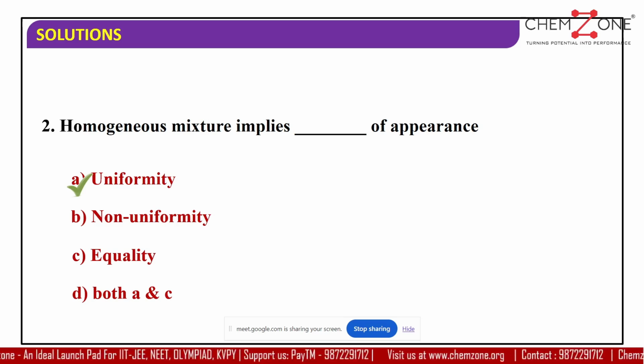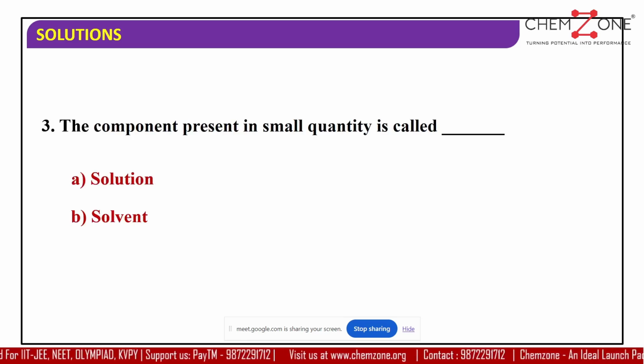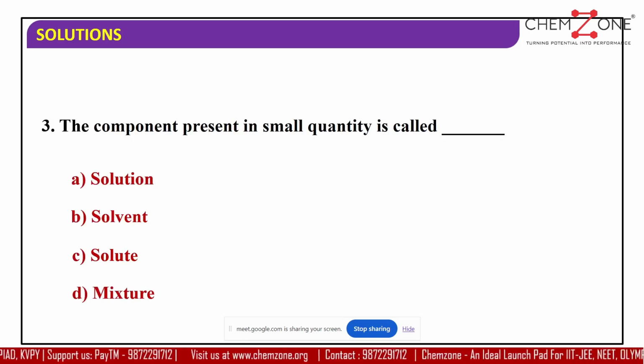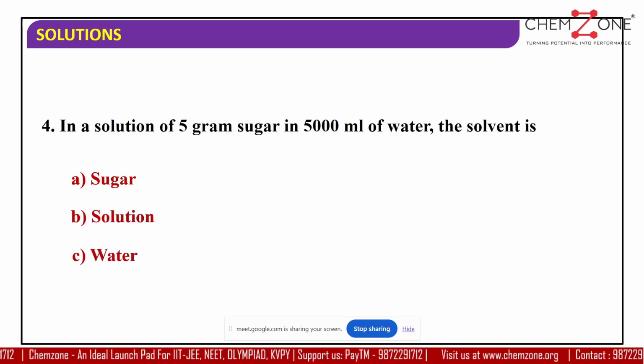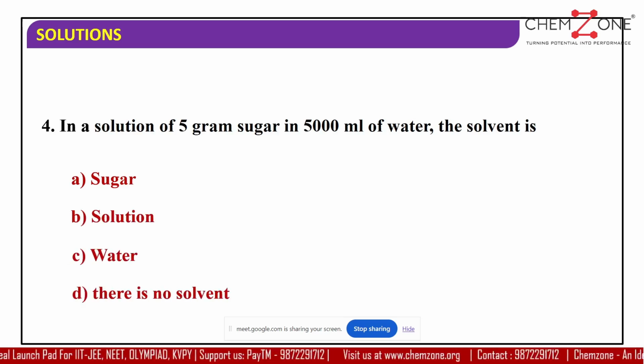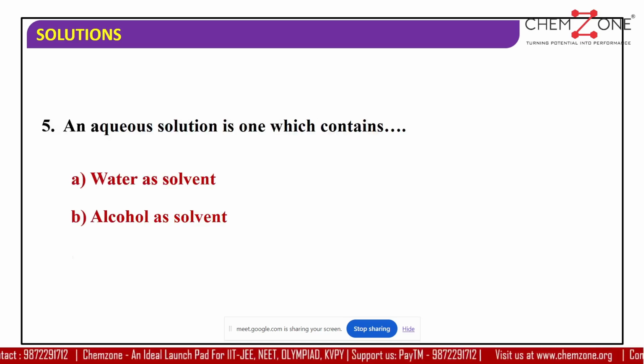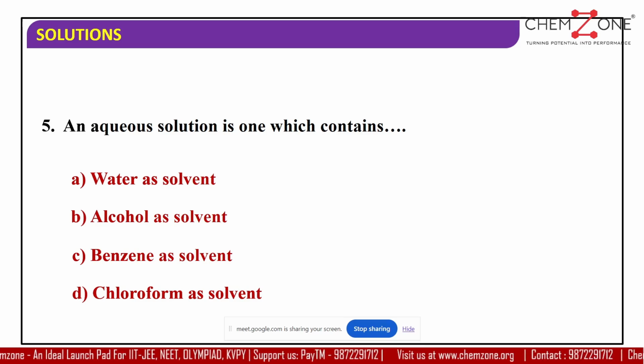It's uniformity. ओके सर. So C option. इसका C option होगा सर. Okay, so A.